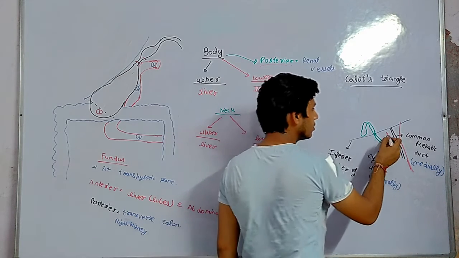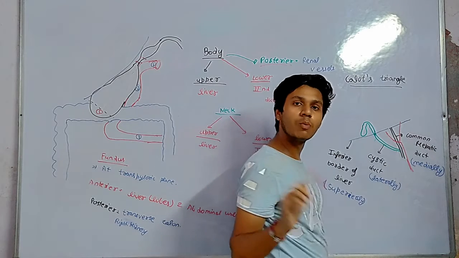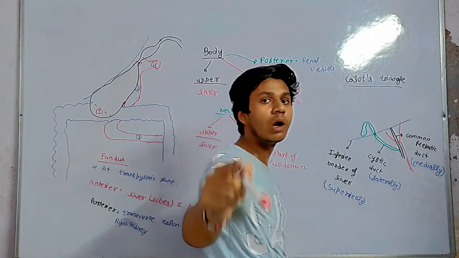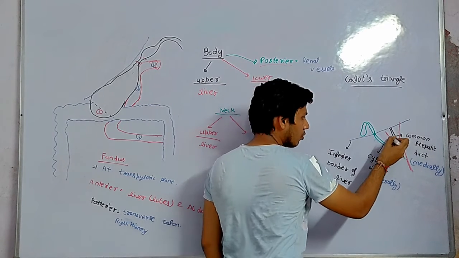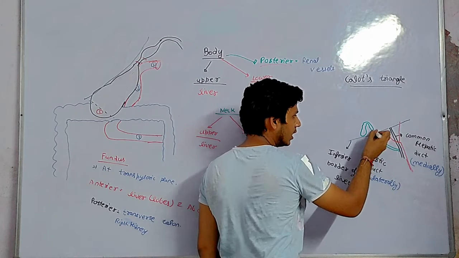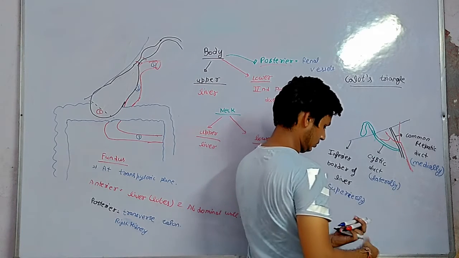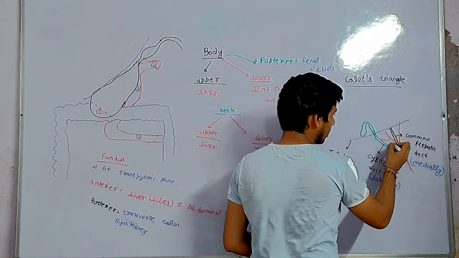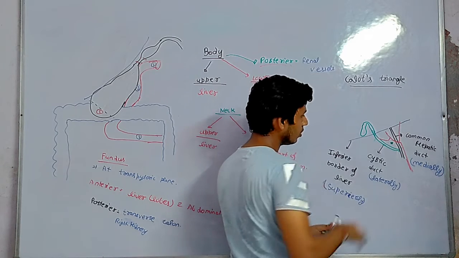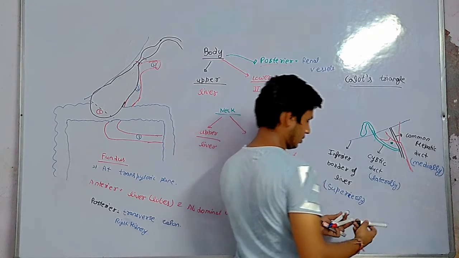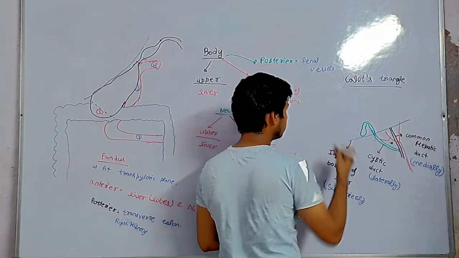Another content is the branch the right hepatic artery gives to the gallbladder, which is called the cystic artery. So one branch is the cystic artery, also a content, and another content is lymph nodes. We can write lymph nodes. Done. These are the three contents of this.